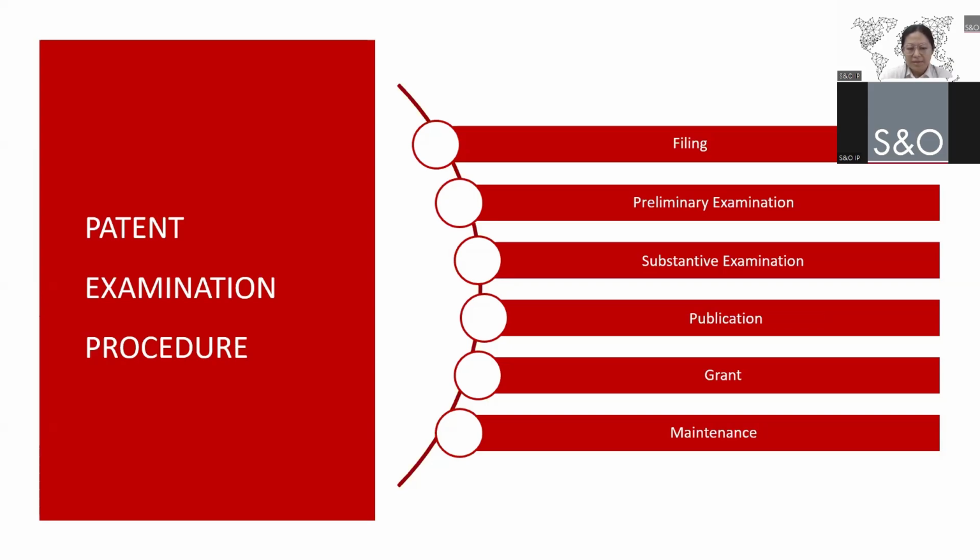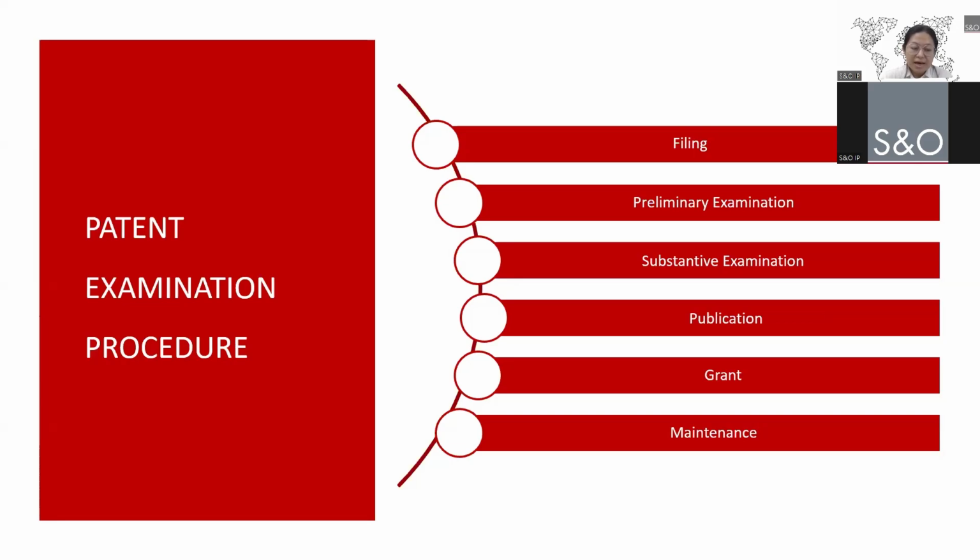For invention patent, a substantive examination is offered where the invention's patentability is assessed based on novelty, creativity, and practical applicability. This stage does not apply to utility model and design, which are granted without substantive examination upon passing the preliminary check.